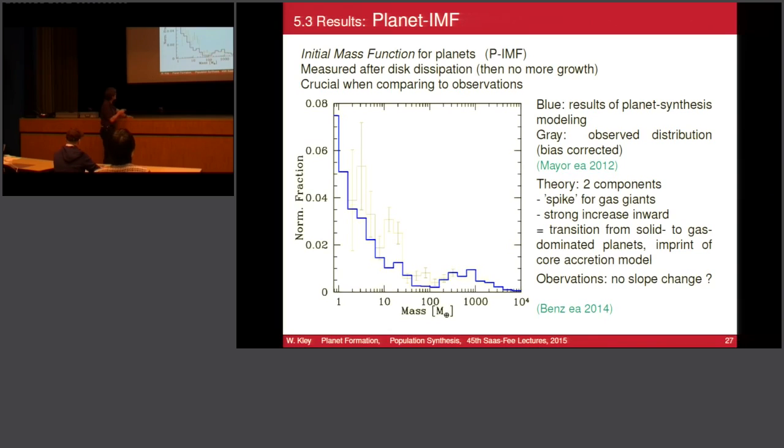This, I think, here is Jupiter would be here. 300 Earth masses is Jupiter. This is higher mass, lower mass here. And then you have a little valley here, and the observations not quite as clear. And then you increase strongly towards lower masses here. It's just similar with stars. There are many more stars with low mass than there are stars with high mass. There are many more asteroids with small mass than there are with high mass, and so on. So this is a generic feature. This here is very generic here at the end, of course.